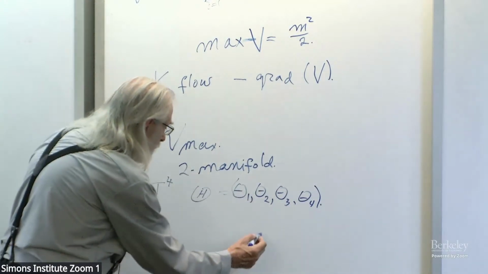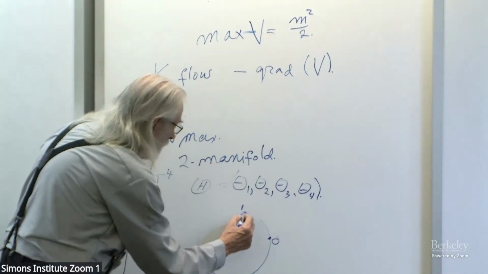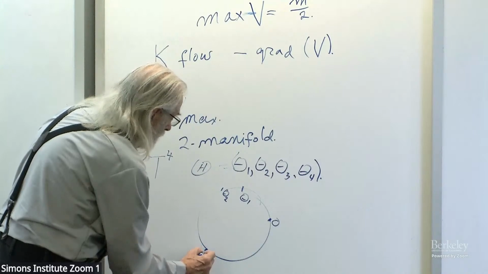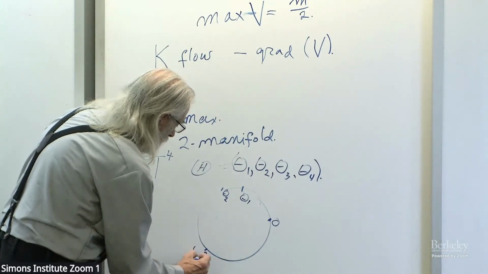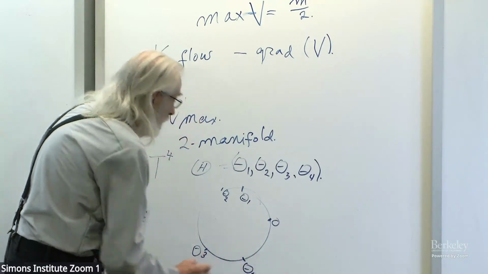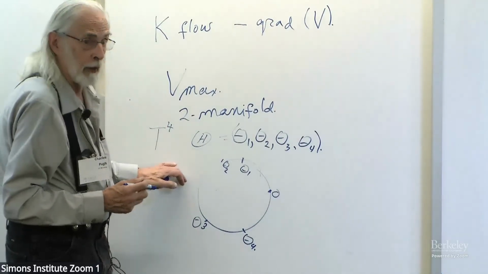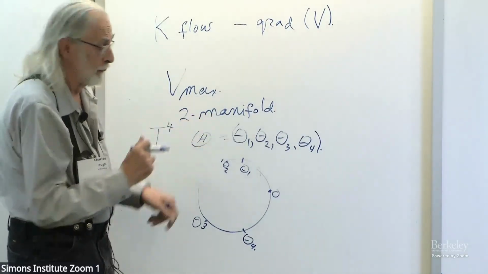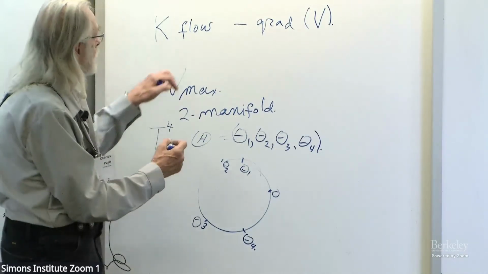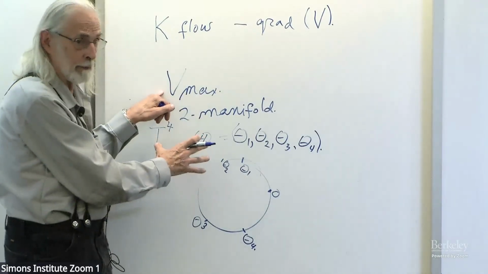If you were making a picture of it, you'd say here's 0, theta 1, theta 2, theta 3, theta 4. That would be a way to represent an element of T4 by thinking of these dots on the circle. When you're talking about points in Vmax, they take a special form.